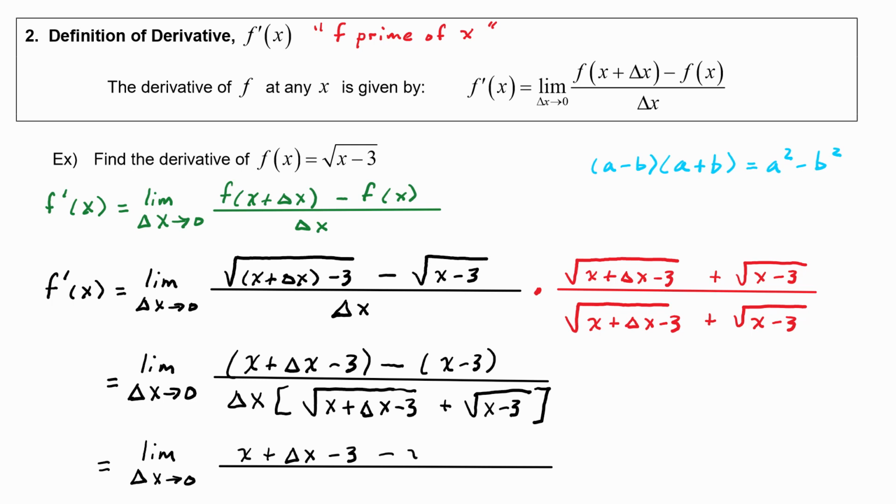So we get minus x and a plus 3. In the denominator, nothing is going to simplify. So we have delta x times the quantity square root of x plus delta x minus 3 plus square root of x minus 3.